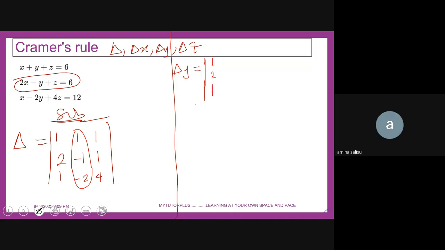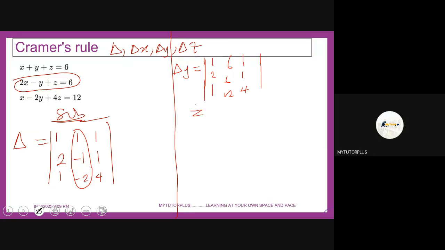Yes. Then the middle column now, we'll remove it. Instead of 1, minus 1, minus 2, that will turn to 6, 12, right? Yes. And the last column will remain the same. That should be 1, 1, 4. So we can determine the determinant of this one now.